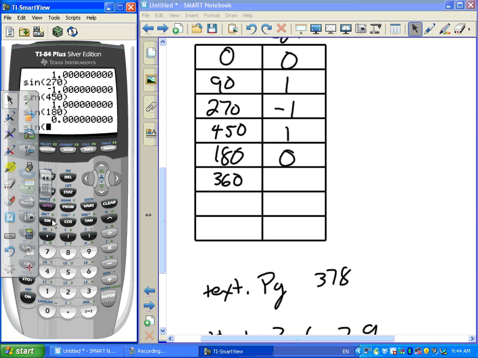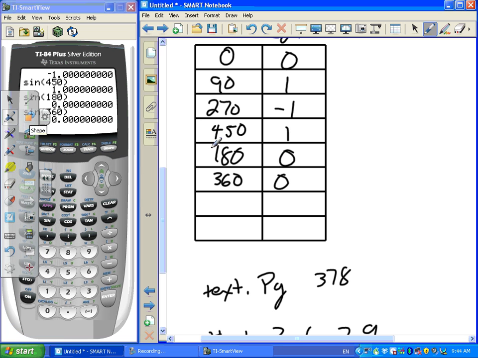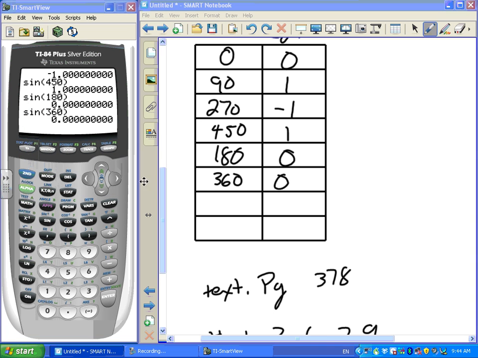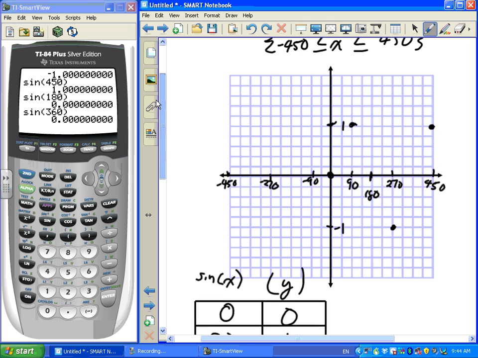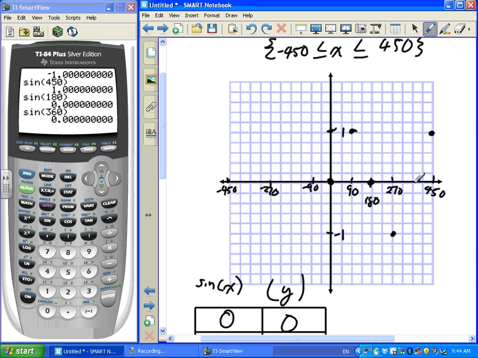When sine x is 360, 0 again. Hey, okay. So I put a couple more coordinates in there. And now I know you're all used to sine x, so you're able to figure that out easily. Here would be our 360. I have a wave that roughly looks like this.